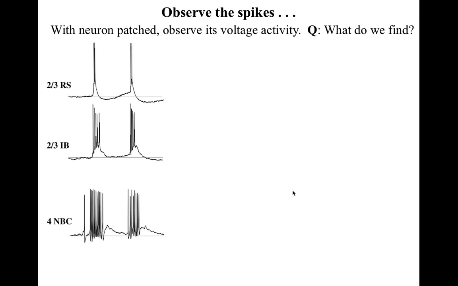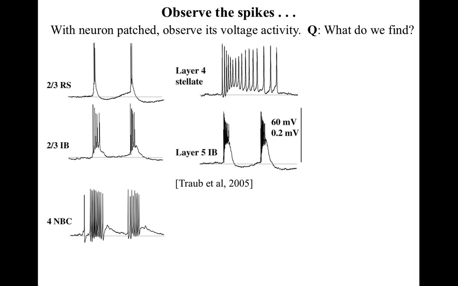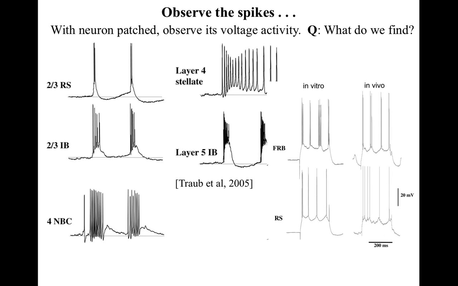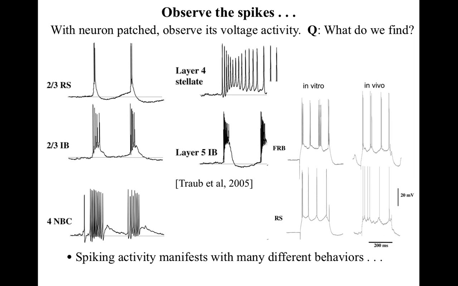So here are just some example spike trains that we might see from an individual neuron. Here's some other examples and even more examples. And hopefully the details aren't necessarily important here, but the important point is that lots of different activity can be produced by individual neurons. So we get these many different types of spiking behavior that can be observed, again, from an individual neuron that's been patched in vitro in this small petri dish.